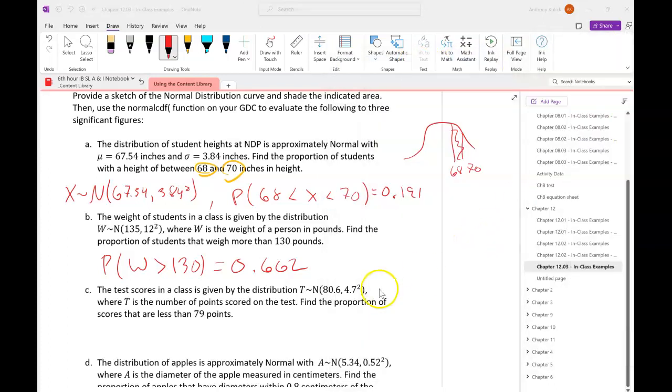Let's try the next one. What numbers did you put?